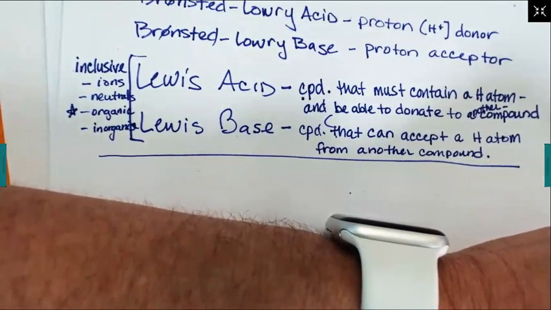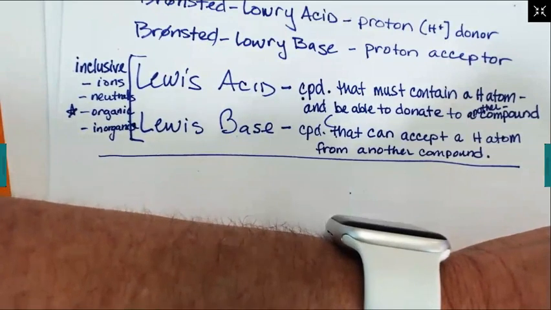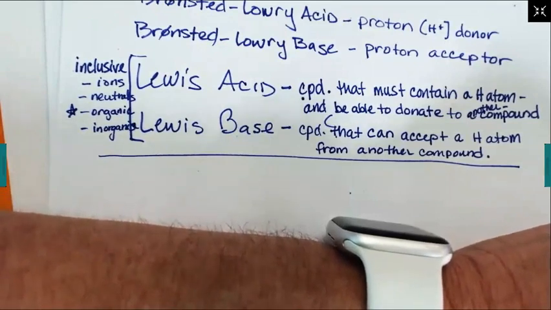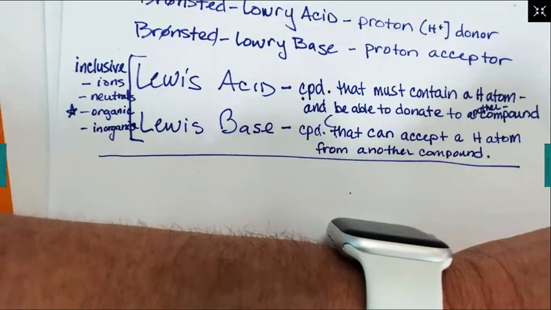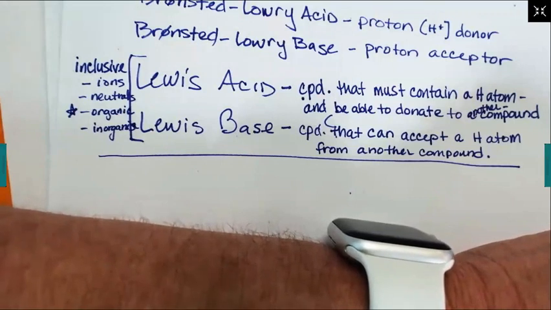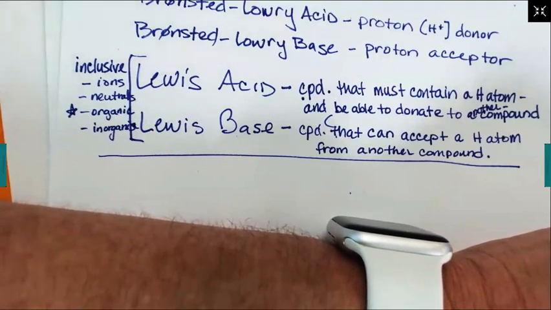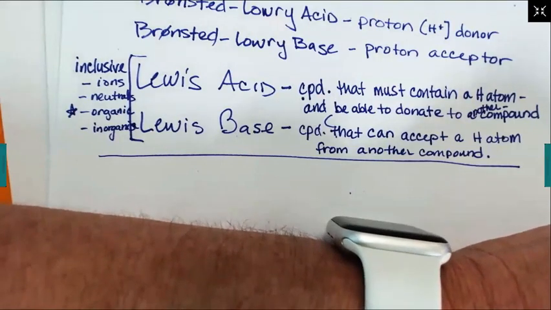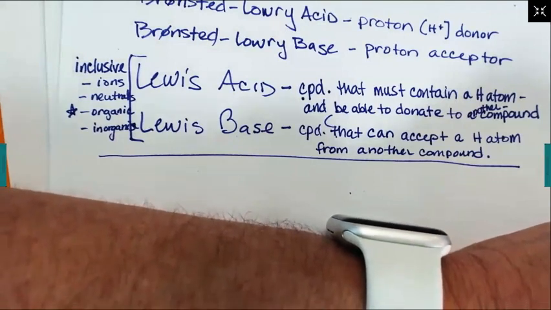If you can identify all four terms in a proton transfer reaction, so that's acid, base, conjugate acid, and conjugate base, then you're good to go for an acid-base reaction. But you have to be able to identify those.